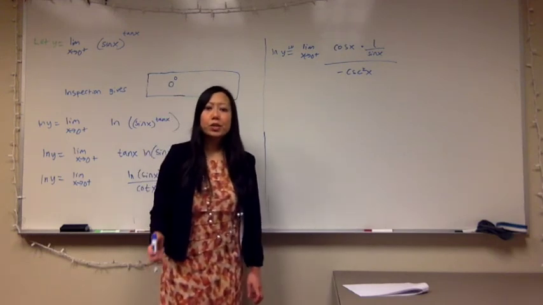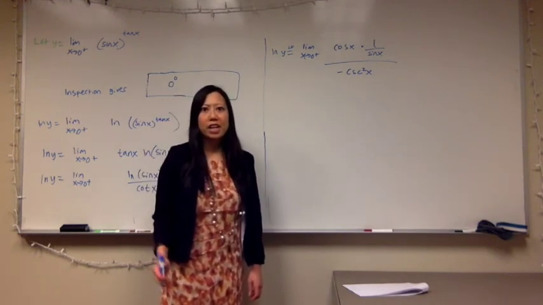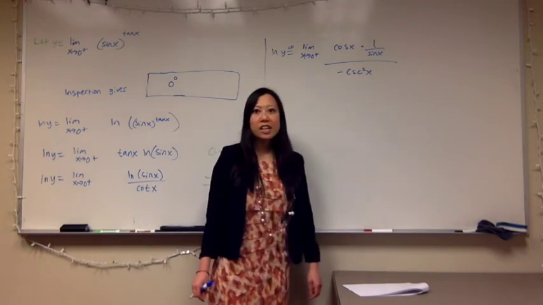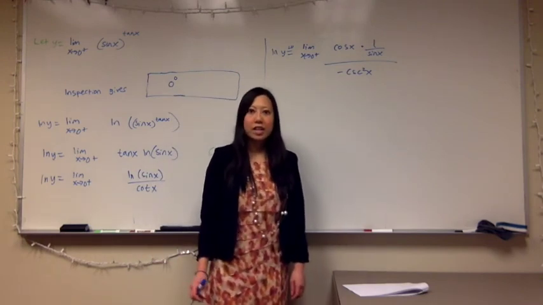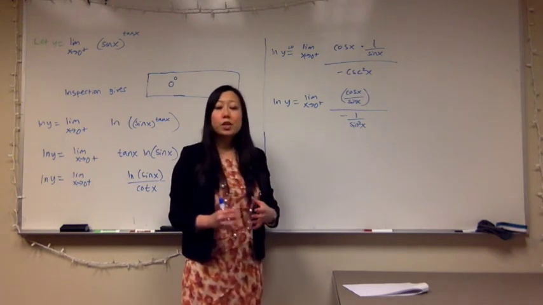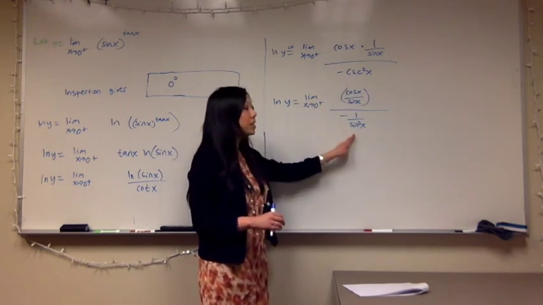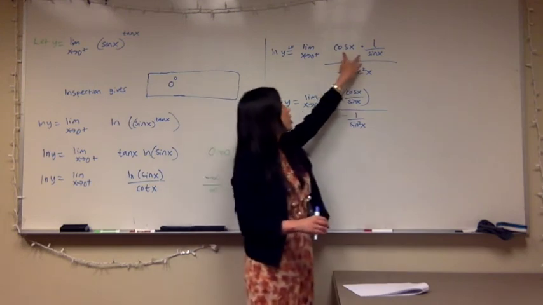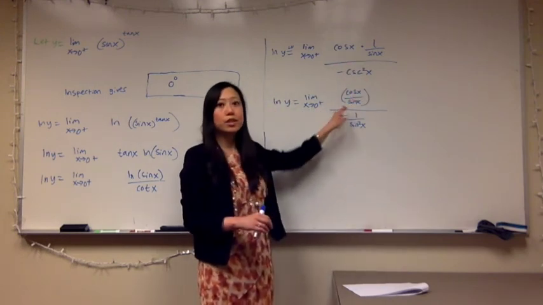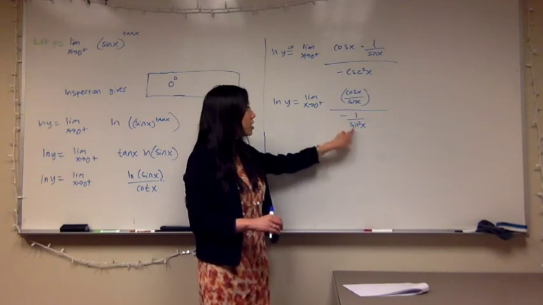Before I do anything else, let's go ahead and simplify. I know that cosecant squared x is the same thing as 1 over sine squared x. So I can rewrite the denominator as such, and then I could just multiply this across, and I get cosine over sine. Now I have a fraction divided by a fraction.